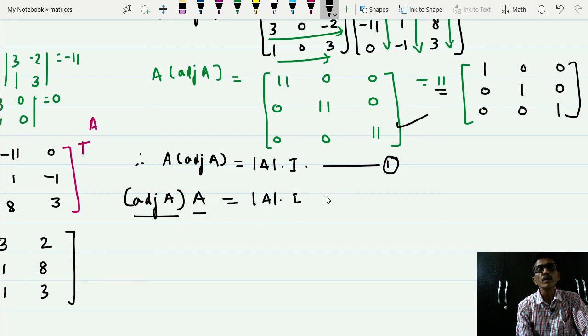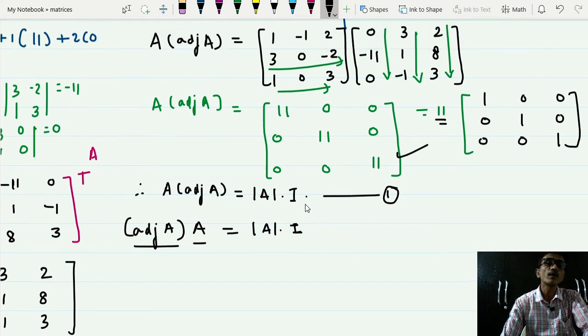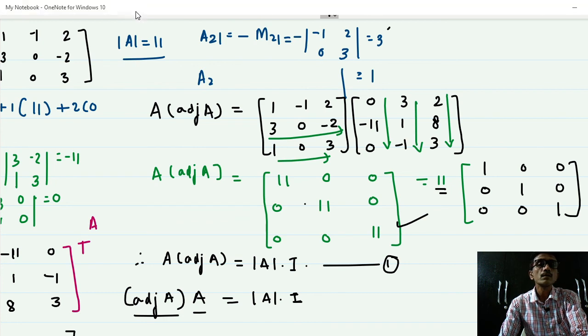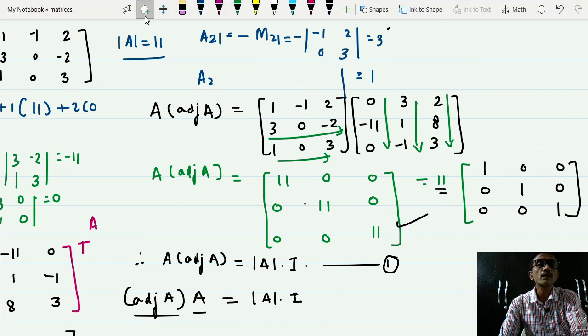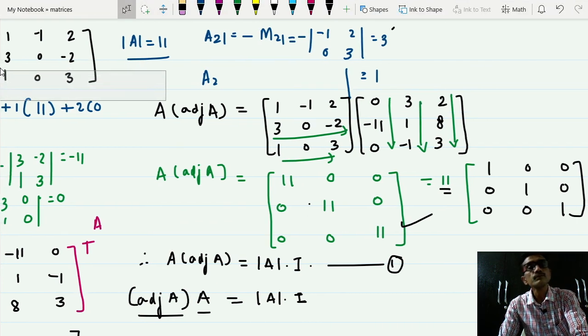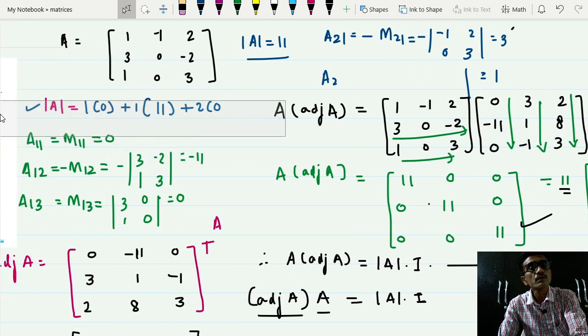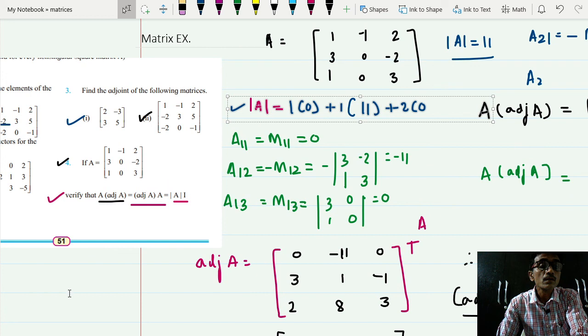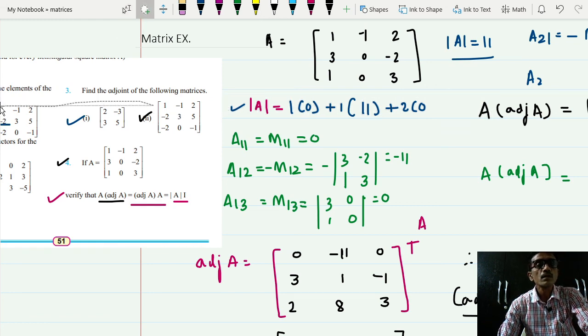So the remaining part is for you only. Here we have completed all this. See this question here. The last question is this, that is verify A into adjoint of A is equal to adjoint of A into A. So we read these questions.